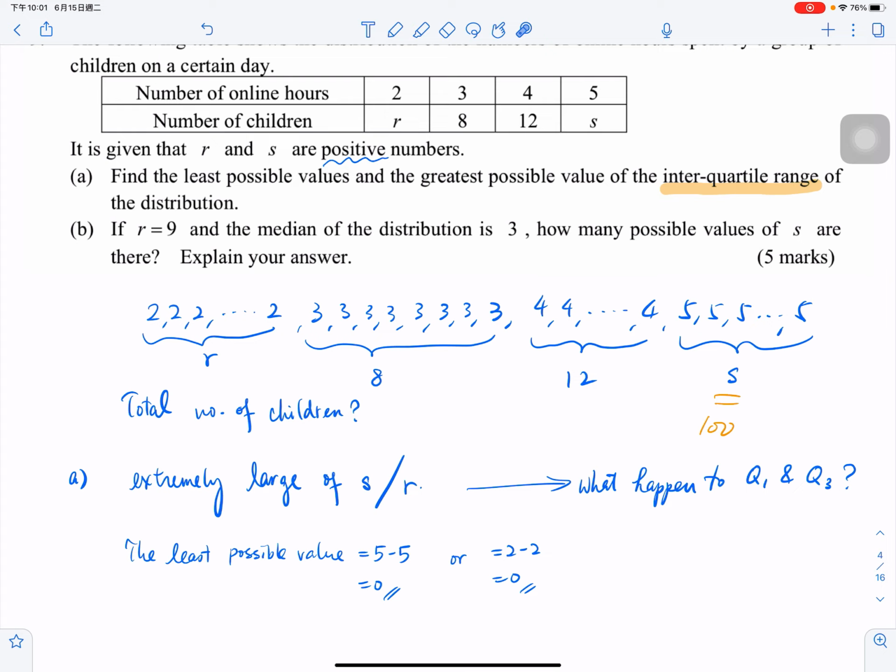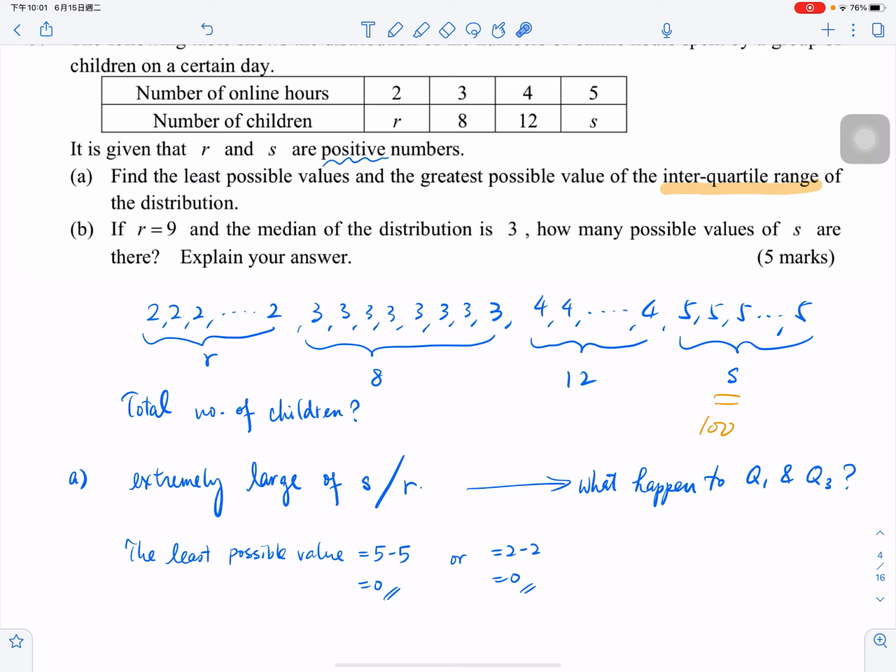However, if R and S are just a few, maybe 1 or 2, only 1 child at 2 hours, only 2 children at 5 hours, then Q1 and Q3 may lie here.